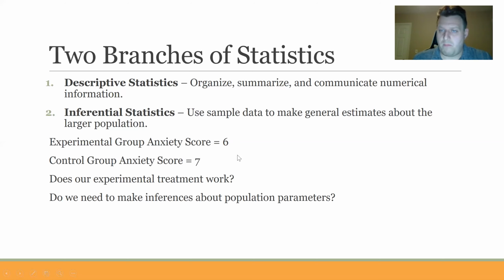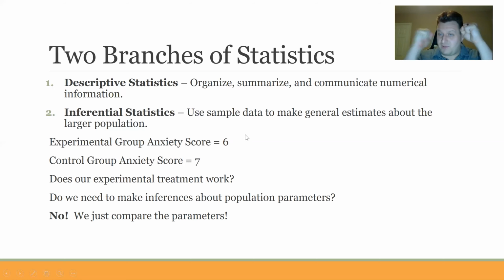We have all males in humanity and all females in humanity, and maybe females scored a 6, maybe males scored a 7, and we have every single one of them, and we want to come to the conclusion about whether or not males are more anxious than females. We would have to say yes. We don't have to do any inferential statistics if we have the population parameters. All right, we can just compare them, and if there's a difference in the population parameters, there's a true difference in the population because we know what the population is at that point in time.